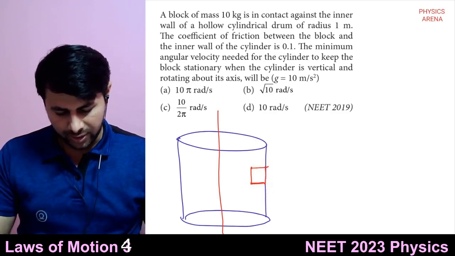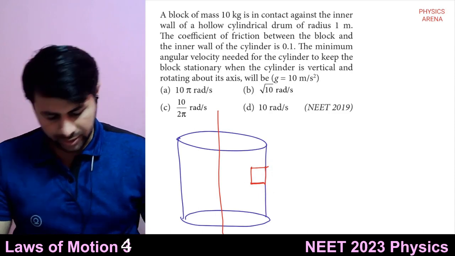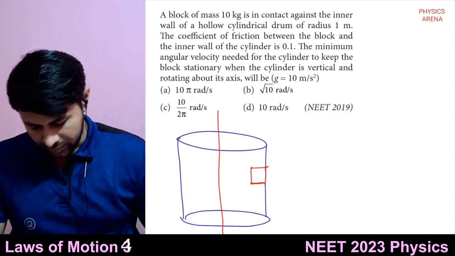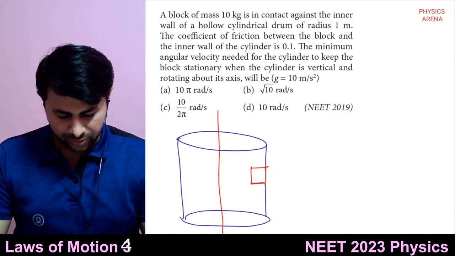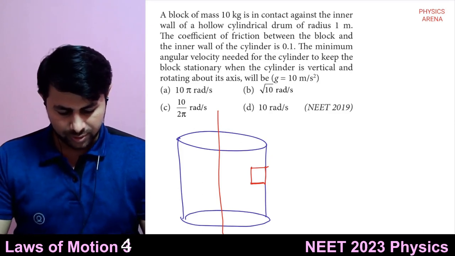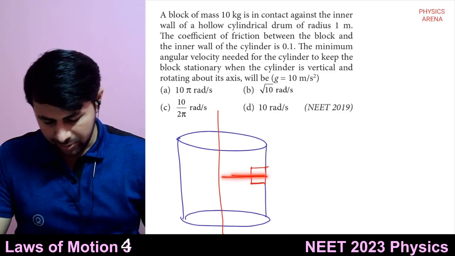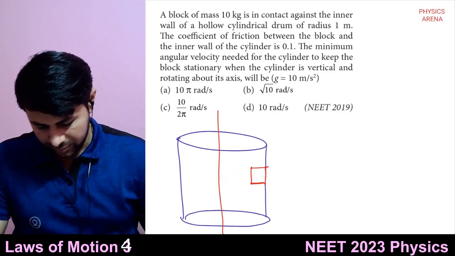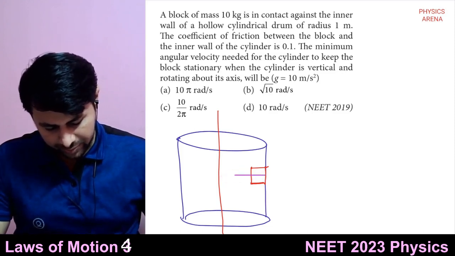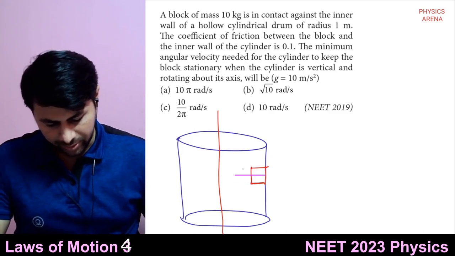There is a hollow cylinder and this block is resting against the wall. Now this cylinder is rotating. Due to this rotation, what will happen? This block is providing some normal reaction, which provides the centripetal force.